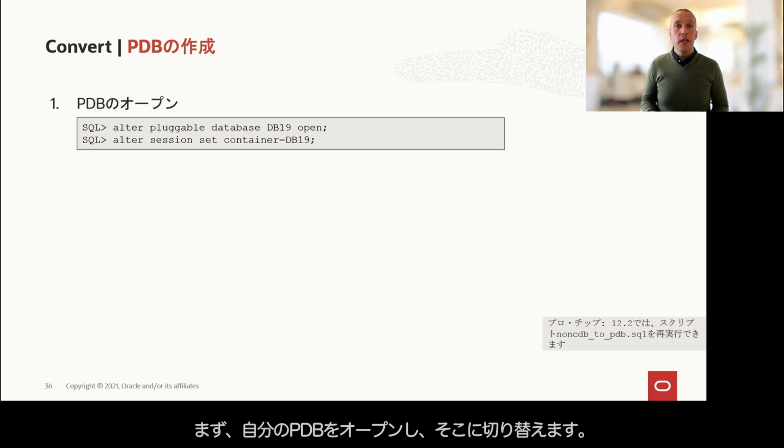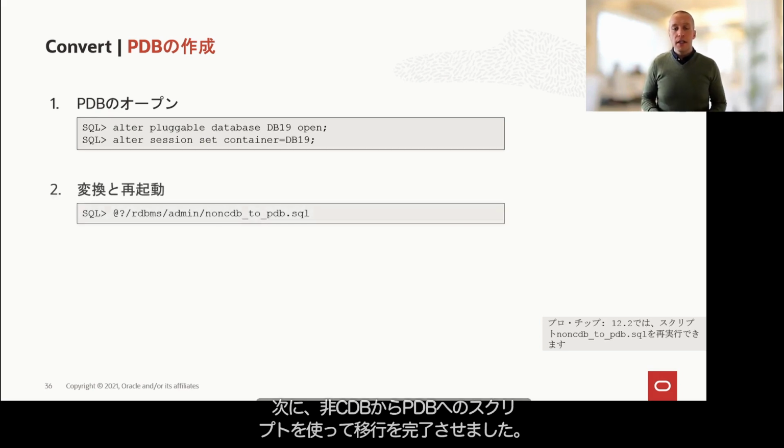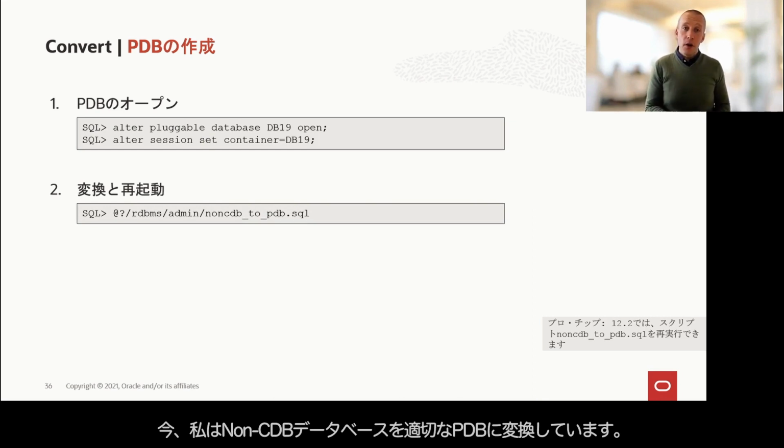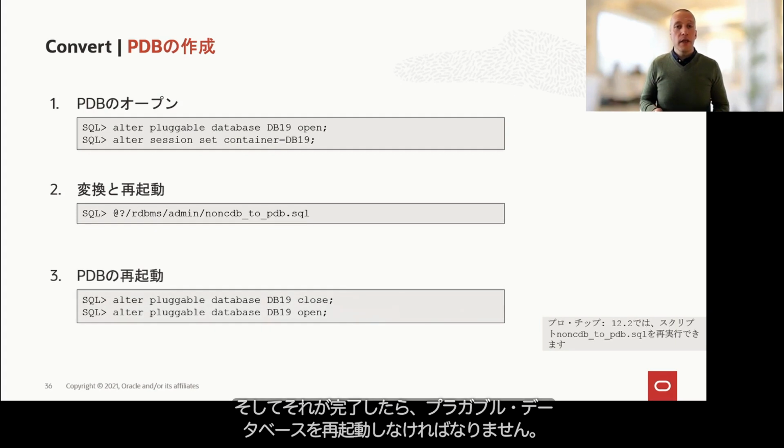First, I open my PDB and then I switch into it. Next, I use the non-CDB to PDB script to complete the migration. Now I'm transforming my non-CDB database into a proper PDB. And when that completes, I have to restart my pluggable database.